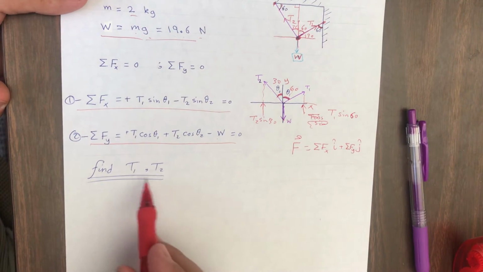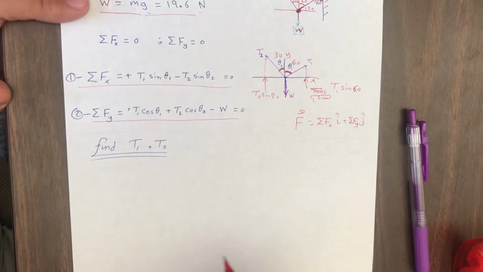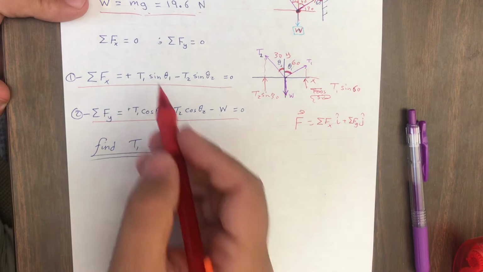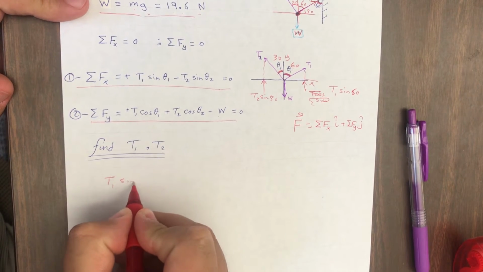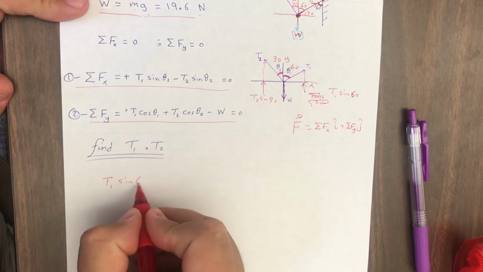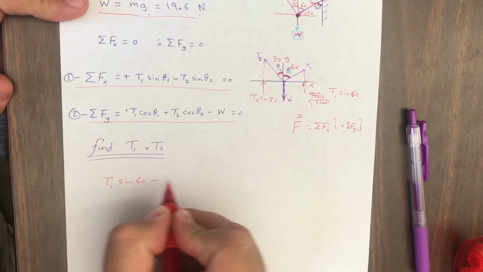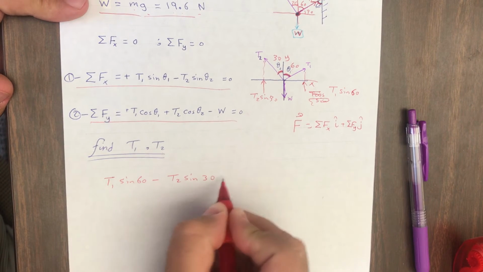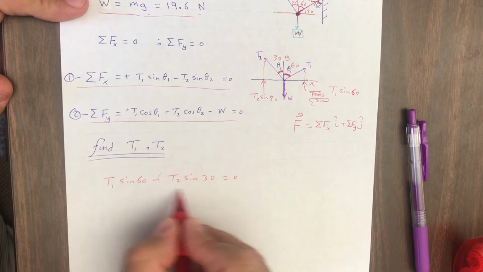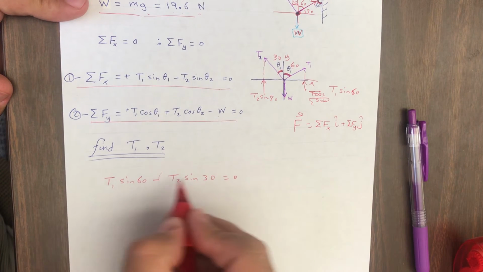Okay, I need to find T1 and T2. I have two equations. From the first one, I have T1 sine theta 1, which is 60, minus T2 sine 30 equal to 0. I can move this to the opposite side.